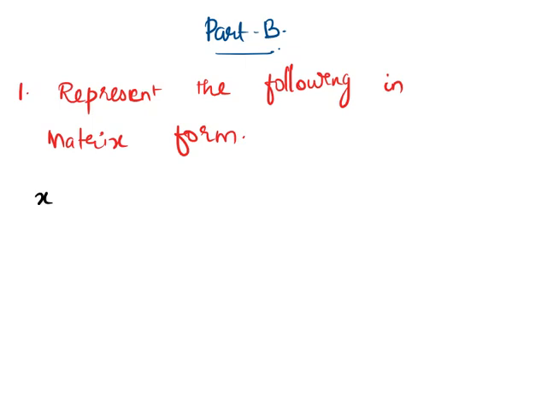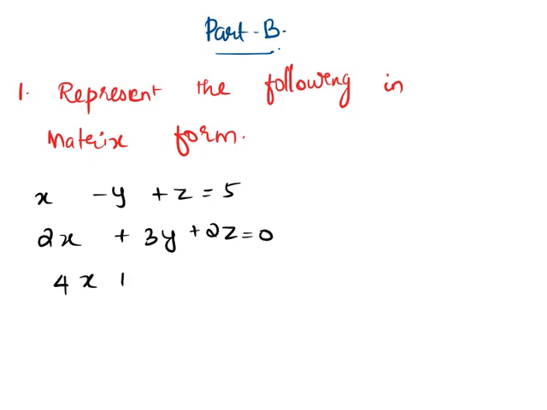So we have x minus y plus z equal to 5, 2x plus 3y plus 2z equal to 0, and 4x plus y minus z is equal to 5. To convert into matrix form, it should be of the form Ax is equal to B. Here x represents the variables involved in the equation and B is the solution for the equation.